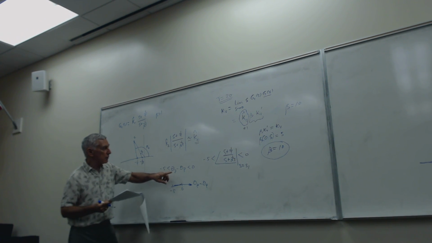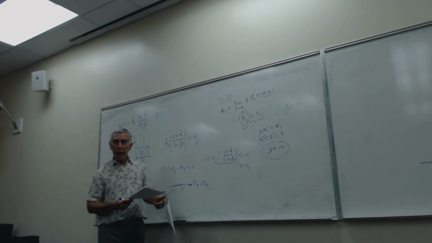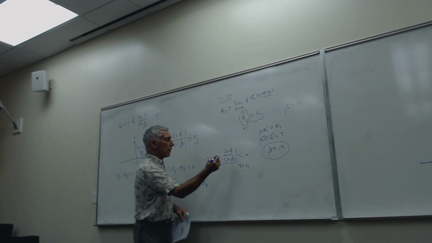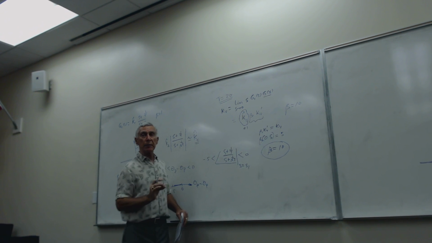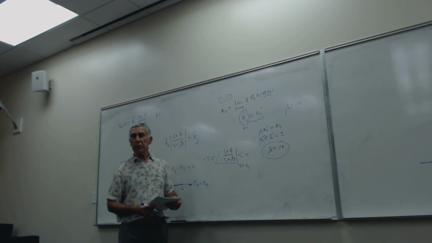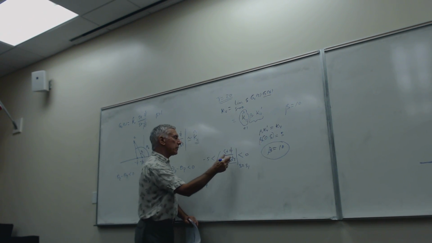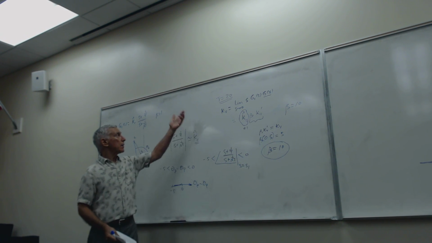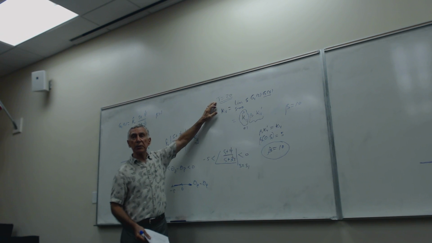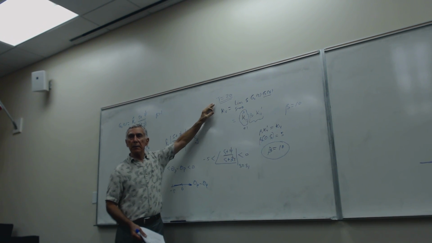You also have to satisfy this specification here. Since you know T and you know beta, you can do the computations to determine that this is satisfied. If it's not satisfied, then you have to go back and choose a different value of T.